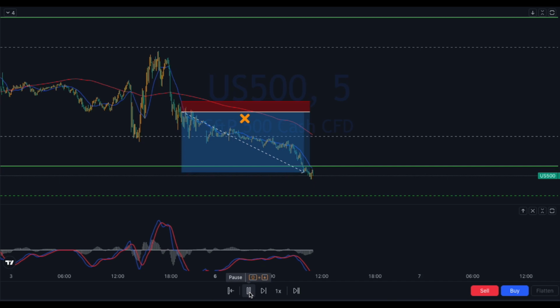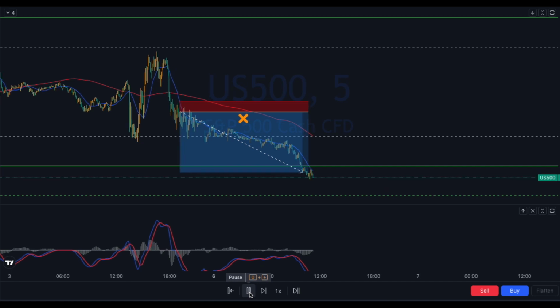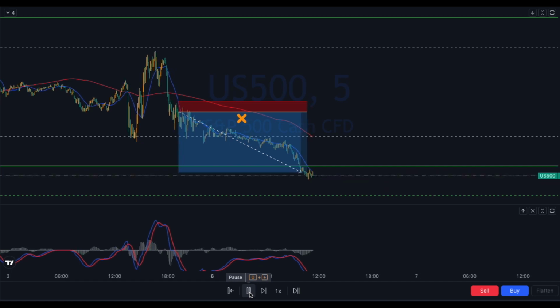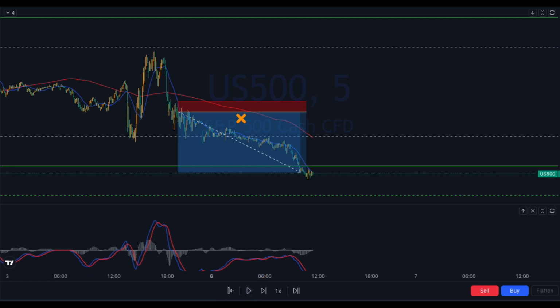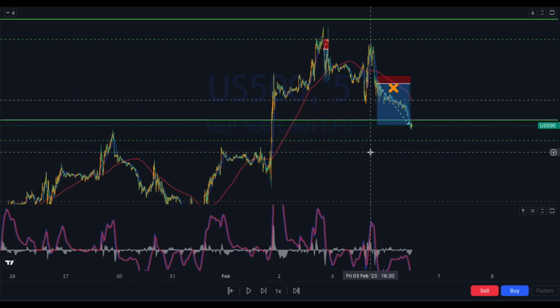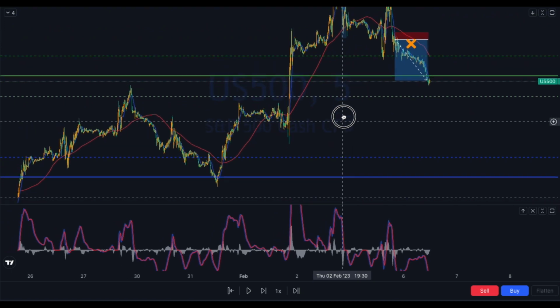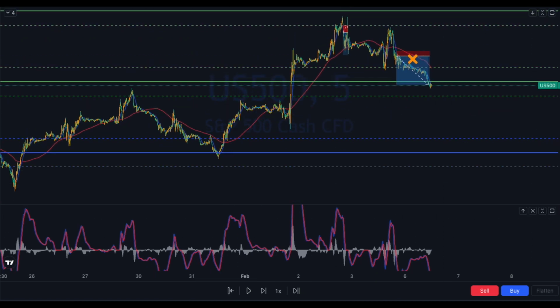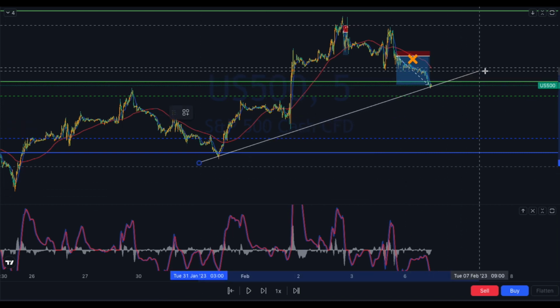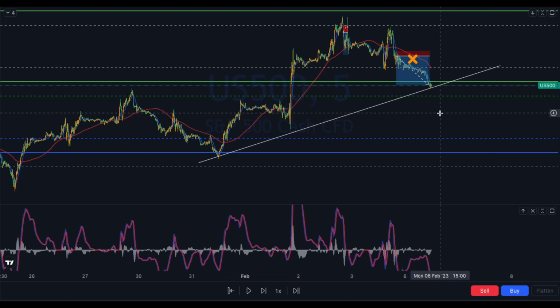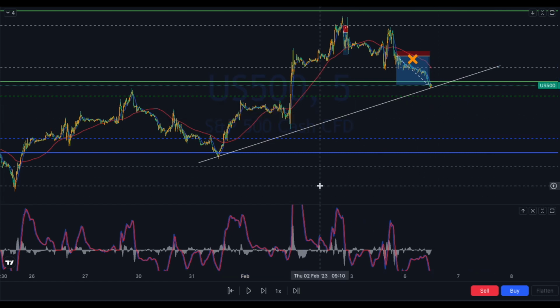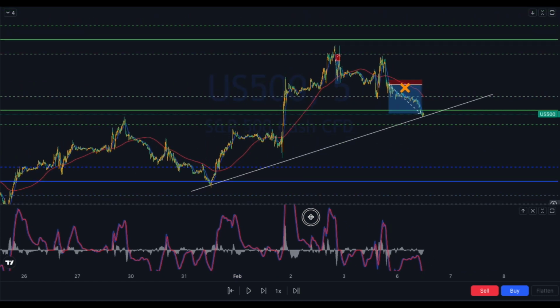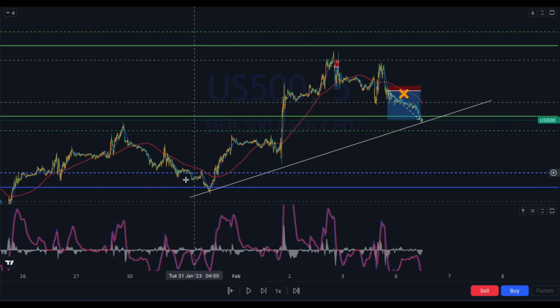So now we're in a zone, right, where I want to be placing actual trades. So first I'm going to pause this, I'm going to zoom out, and see where it is. We're going to see where it is, and this is what it's doing right now. Normally I would jump into the higher time frame just to give me a really good indicator as to what price really wants to do.